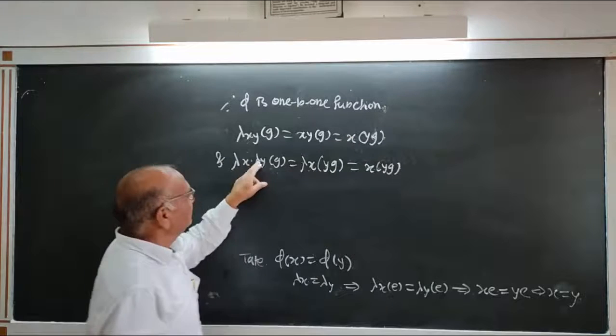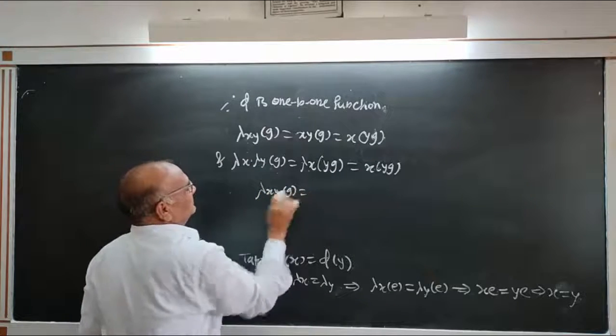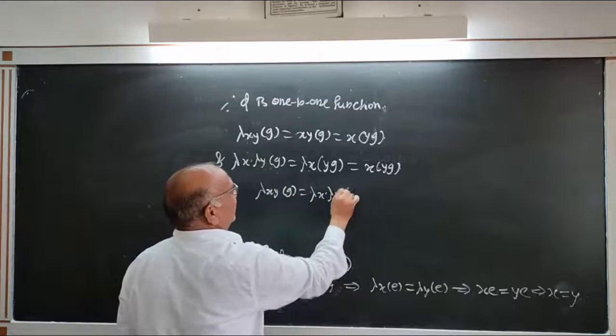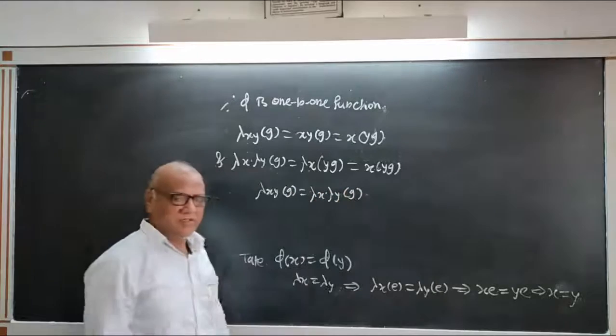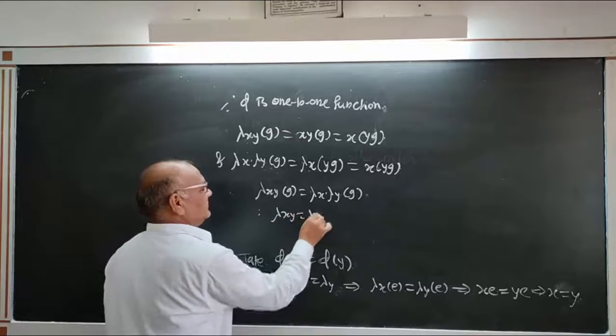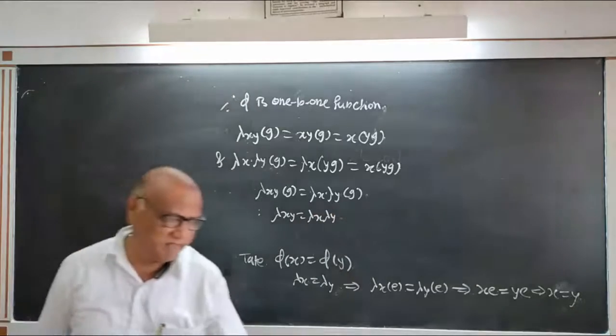Both are equal, that means lambda_xy of g is equal to lambda_x lambda_y of g. Therefore lambda_xy is equal to lambda_x lambda_y.